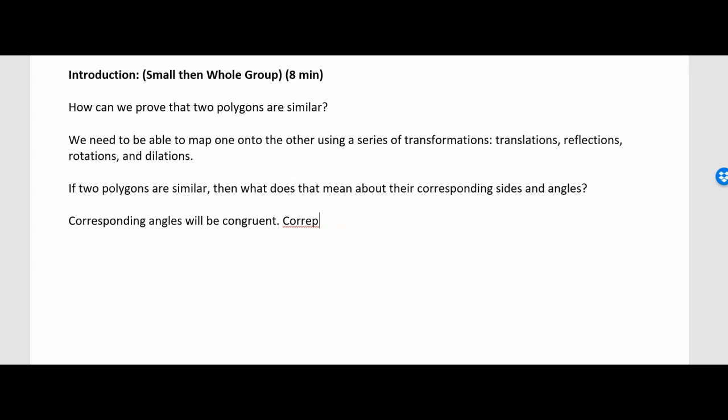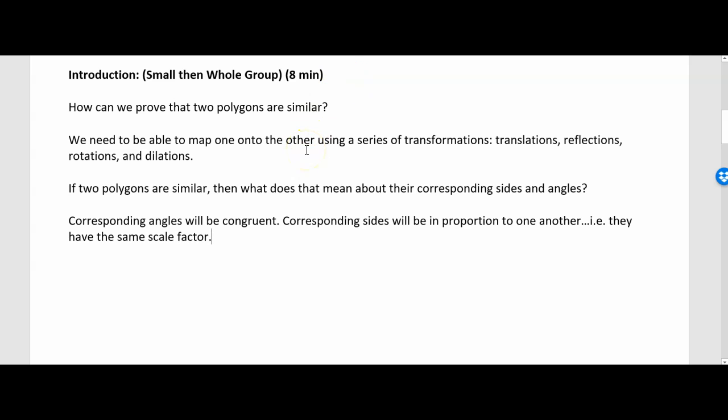Corresponding sides will be in proportion to one another. And what this really means, i.e., they have the same scale factor. So angles, they have to be the same, they have to stay congruent. The sides can change as long as they have the same scale factor.